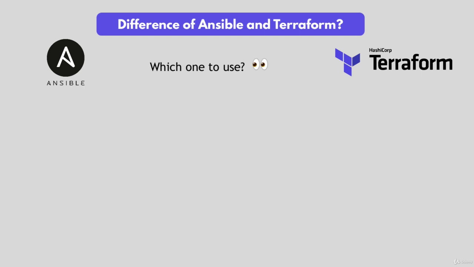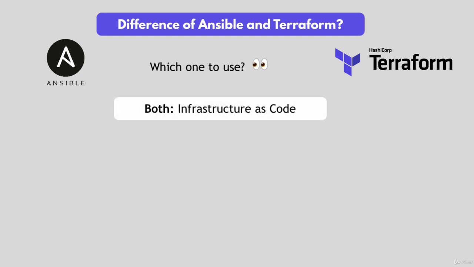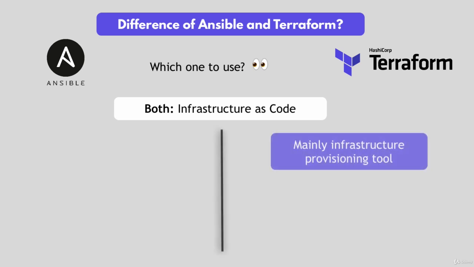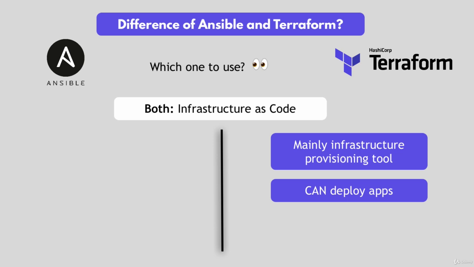First of all, Terraform and Ansible are both infrastructure as a code, meaning they're both used to automate provisioning, configuring, and managing the infrastructure. However, Terraform is mainly infrastructure provisioning tool. That's where its main power lies. But it also has possibilities to deploy applications and other tools on that infrastructure.